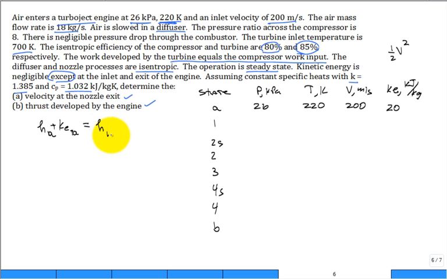the enthalpy and the kinetic energy at 1, but guess what's negligible? Because you slowed it down. In the diffuser, the purpose is to slow it down, hence you assume that it's negligible kinetic energy at the outlet of the diffuser. And so guess what? This is pretty easy to do.